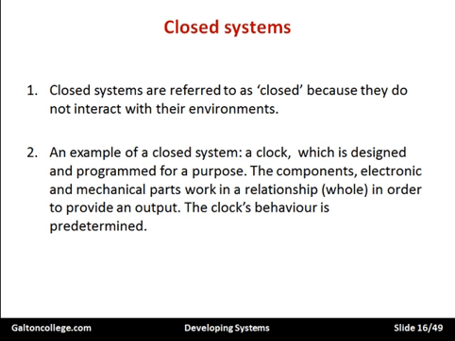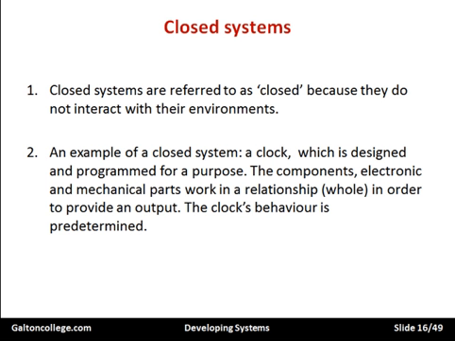There are all sorts of examples we could use here, but this particular example is a clock, which is designed and programmed for a purpose. The clock serves a purpose. It tells the time. The components, electronic and mechanical parts, work in a relationship in order to provide the output. So the various components of the clock are there to do a job.